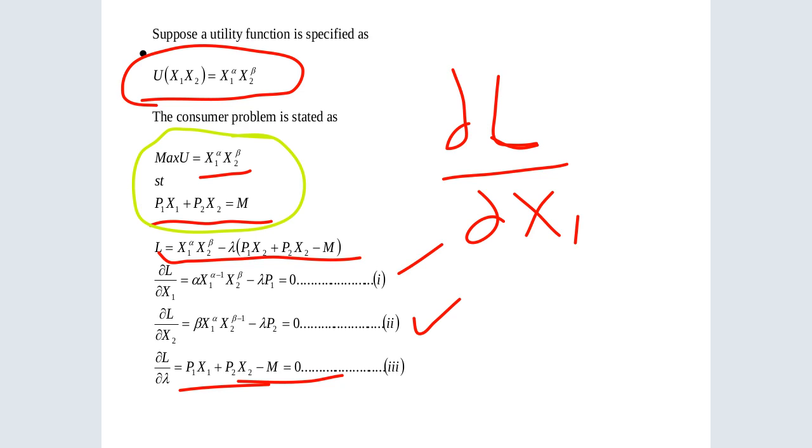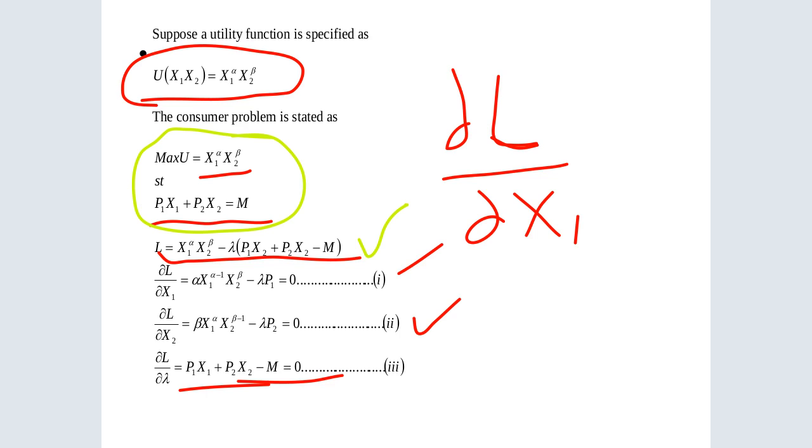So once you have formed the consumer problem, the next step is simply to introduce a Lagrangian multiplier. Once you have introduced the Lagrangian multiplier, now you use the first order conditions with respect to each commodity.